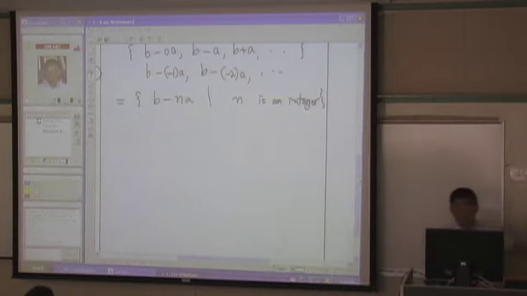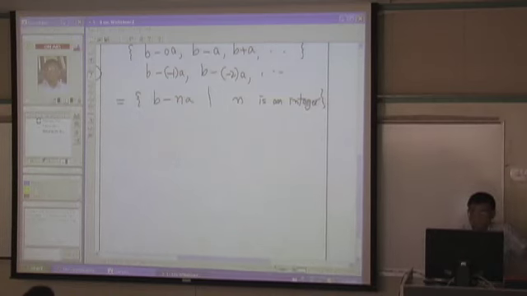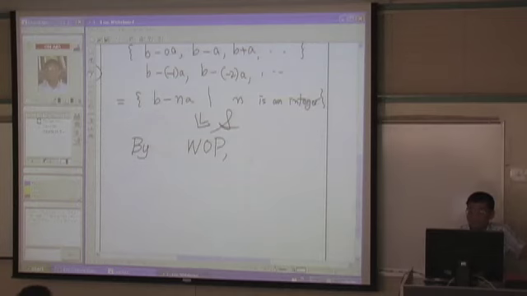Then now, we say that by the well-ordering principle, the set, let's name this set S, right? By the well-ordering principle, the set S has the smallest element, right?